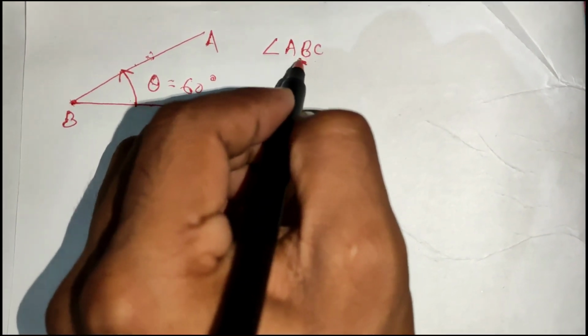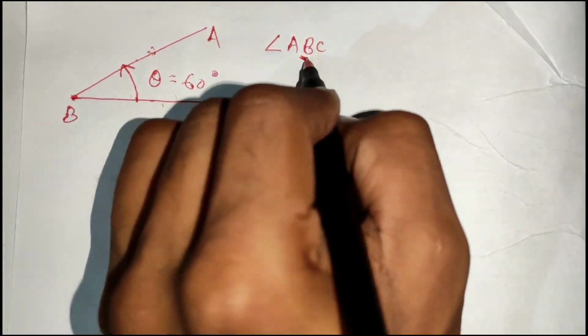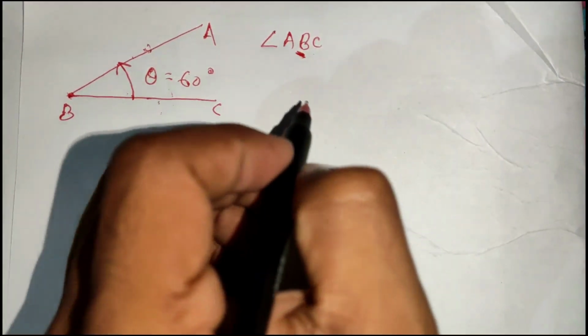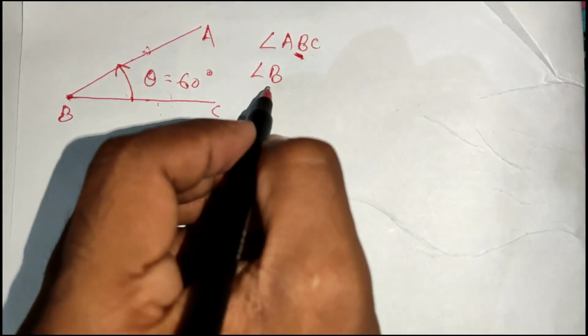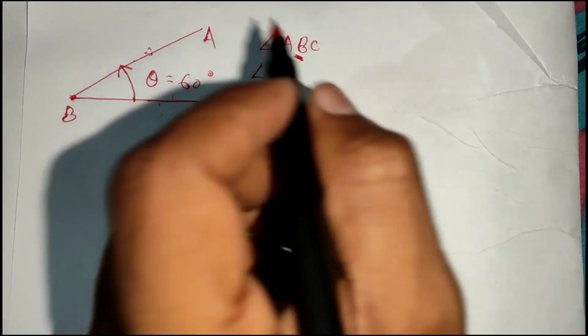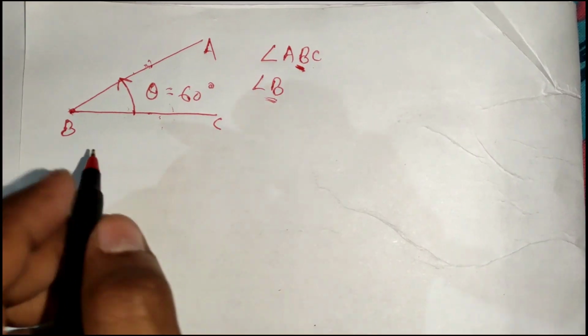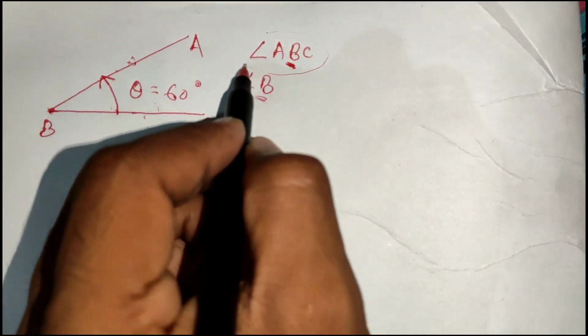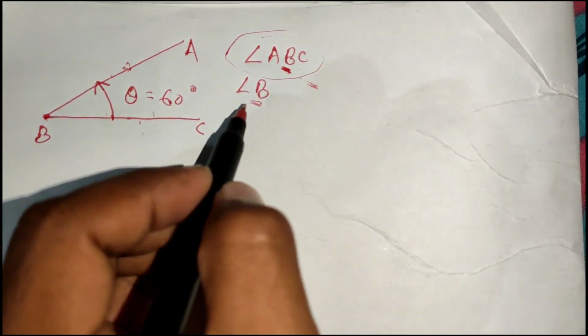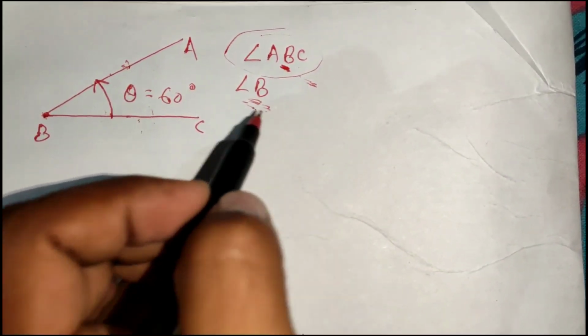This B is the point or vertex. We can also write this as angle B, but this may be problematic in some cases. So this is the most accepted way of writing an angle. This is also correct, but this may be confusing many times.